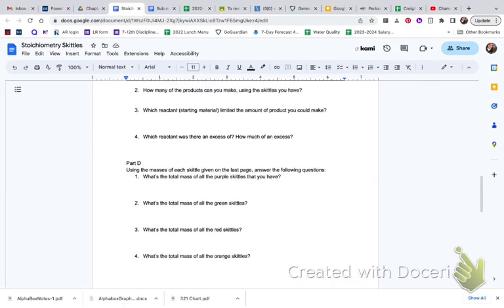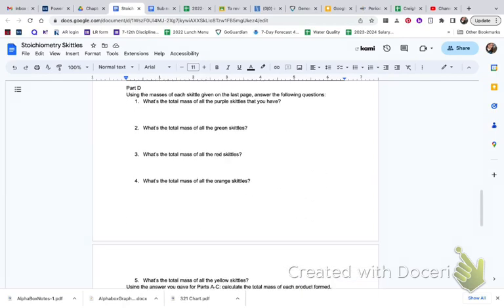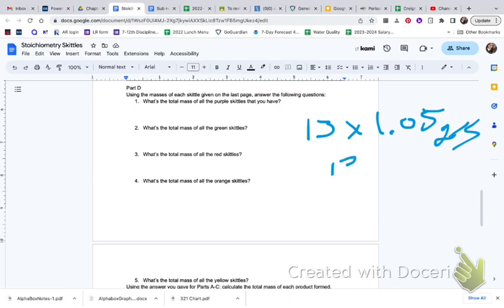So if we come back down to part D, and we'll do part D number 3, because that's where the red Skittles are at, you're going to go ahead and take 13 red Skittles times 1.05 grams per Skittle in order to get your mass of Skittles that you have, and it should come out to about 13.65. So that would be the number that would go right here, and you would write grams of red Skittle. Okay, so you're going to do that for each of your colors.